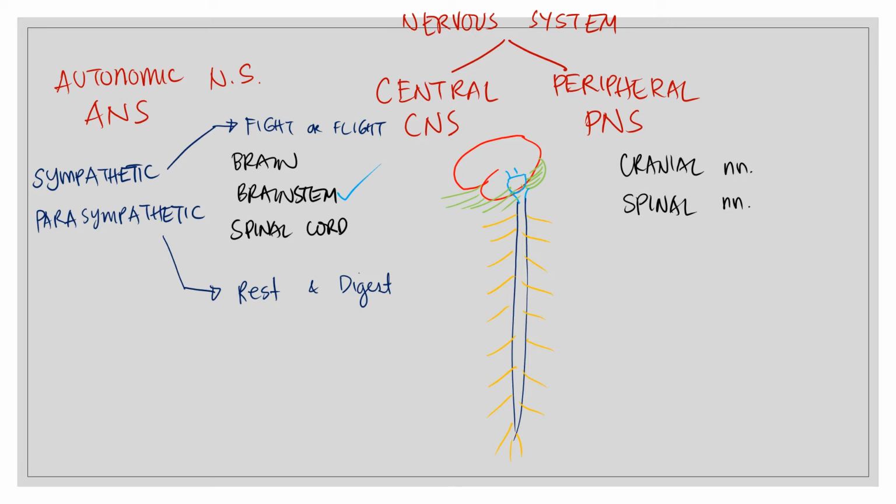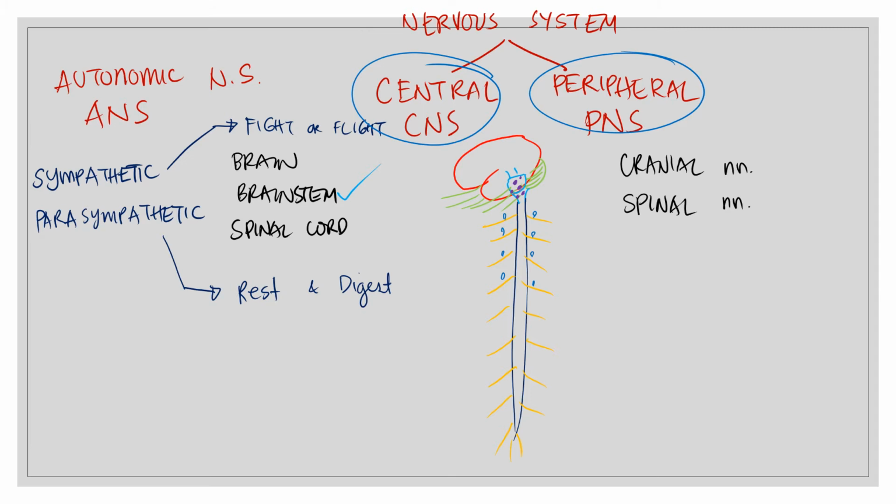So your autonomic nervous system is a very important mechanism. And what's curious is that you can find parts of your autonomic nervous system in the CNS and in the peripheral nervous system. It could be as ganglia in your spinal nerves, and there are also cranial nerve nuclei that are part of your autonomic nervous system.